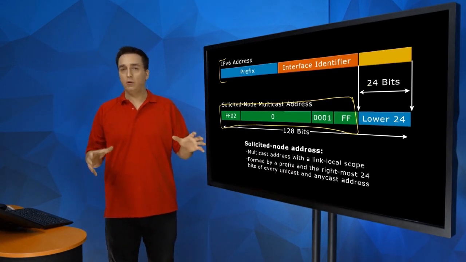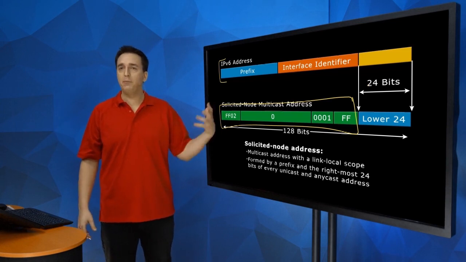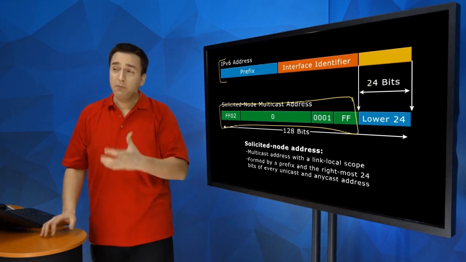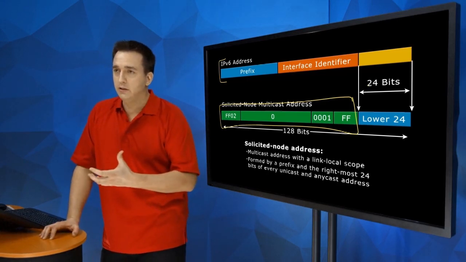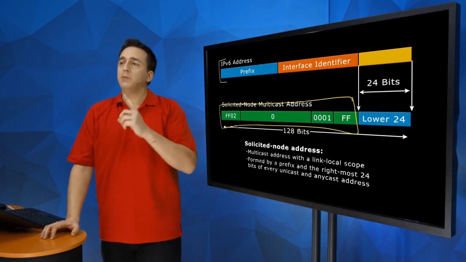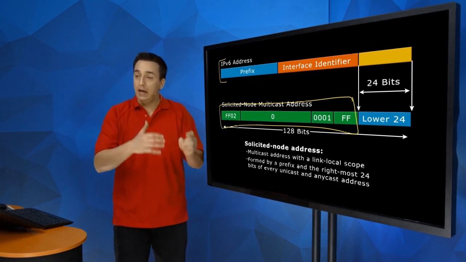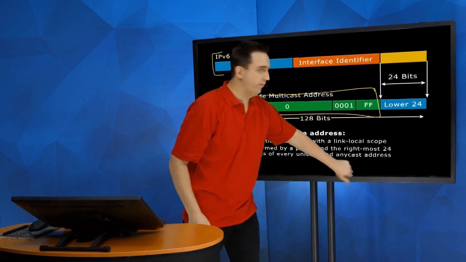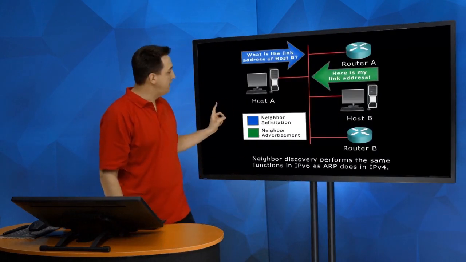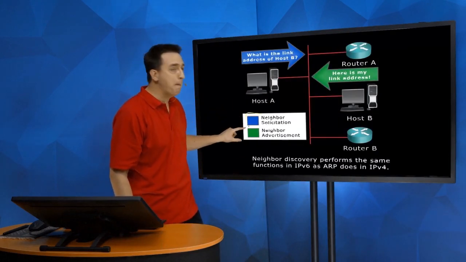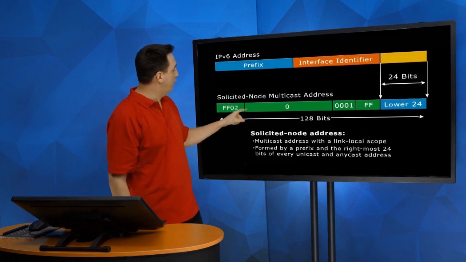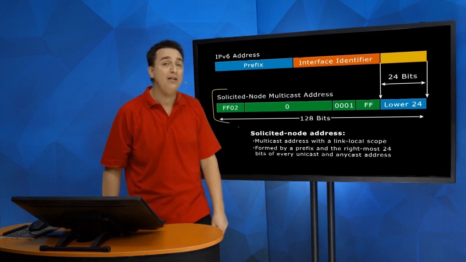So now what happens? Well, we have every single device coming up with their own solicited node multicast address. So now when I'm using the neighbor discovery process, I am sending my neighbor discovery message, which is the neighbor solicitation message, to the solicited node multicast address.